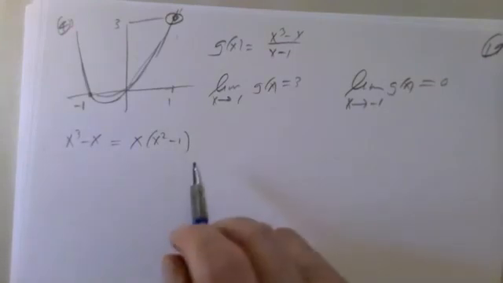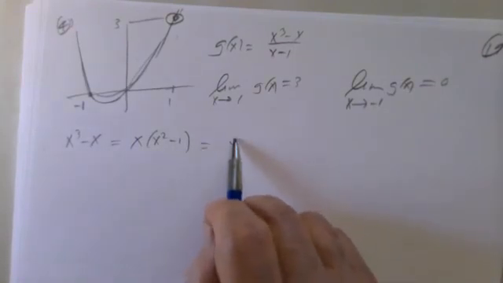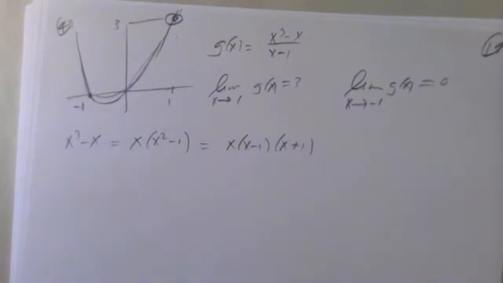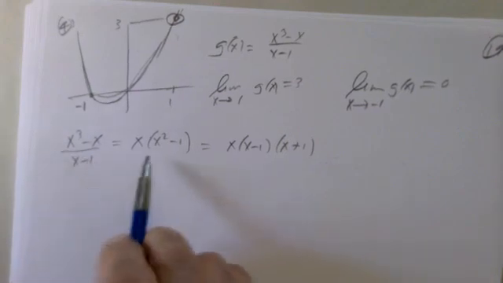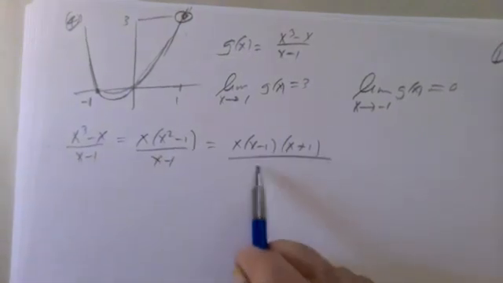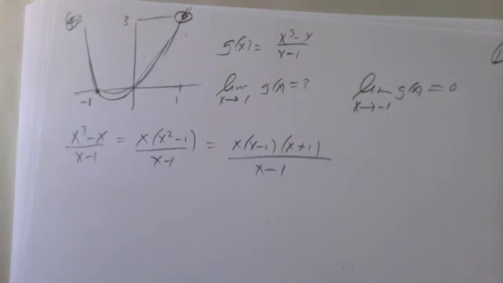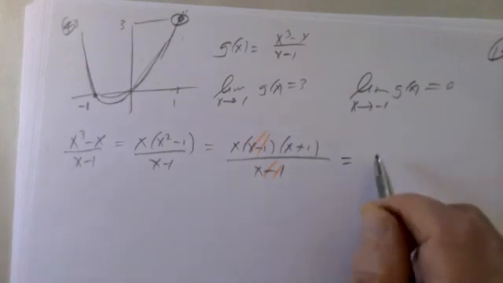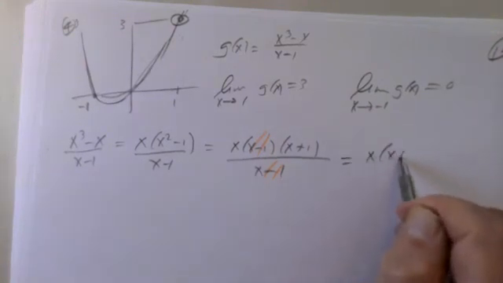And x minus 1 factors like that. So if you divide by x minus 1, these x minus 1s cancel.